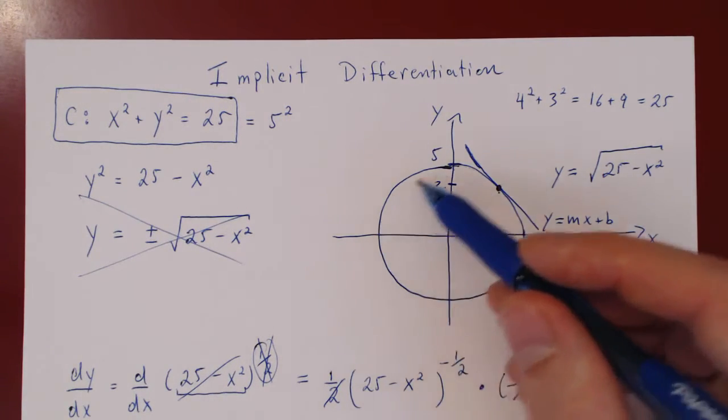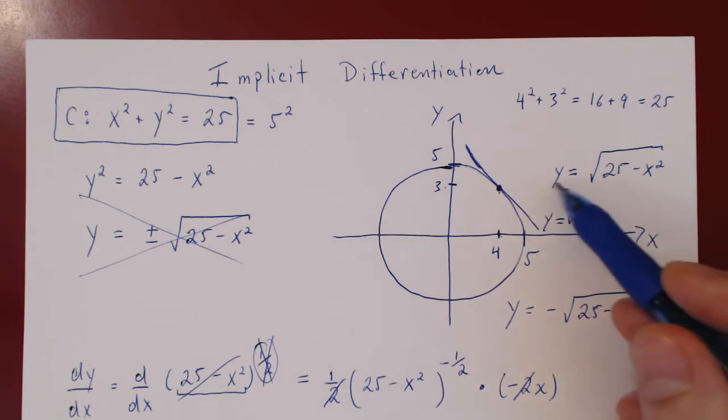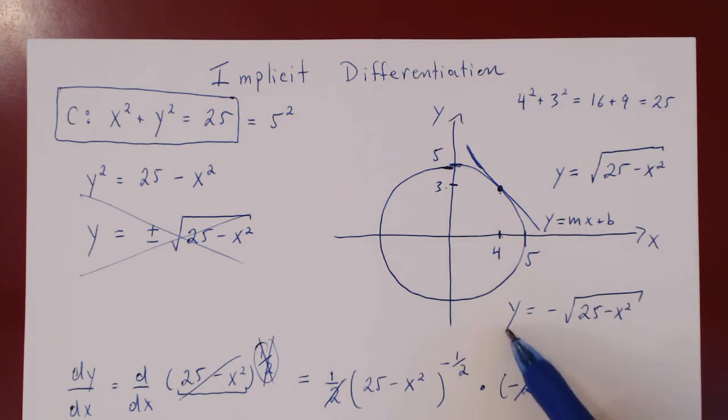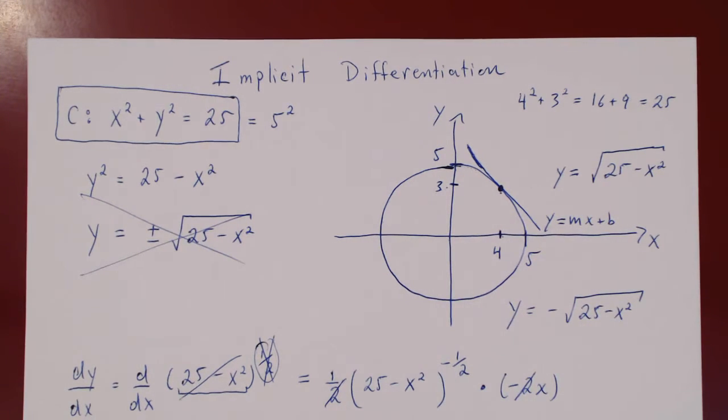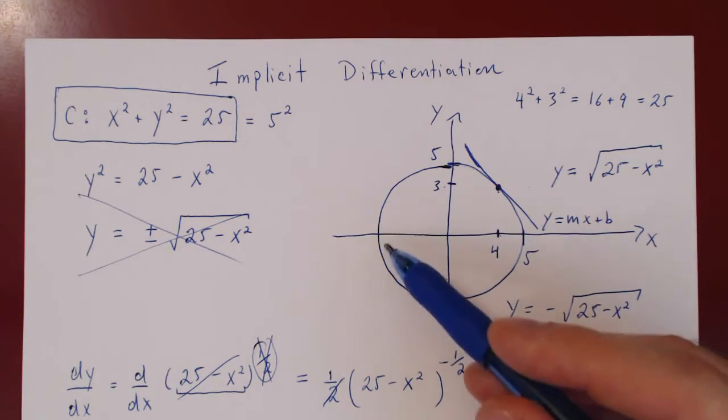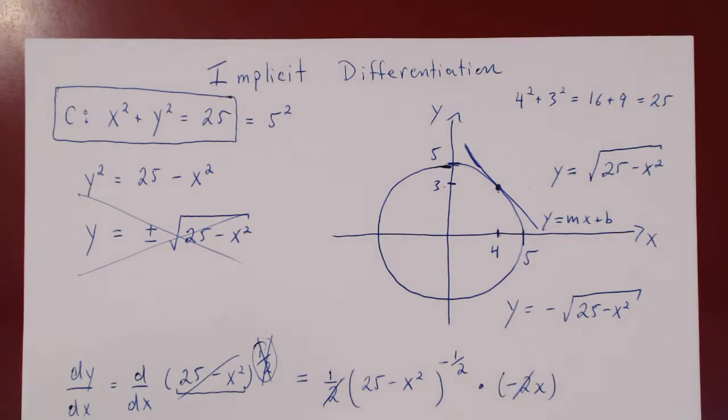So you see, if you look at this part of the curve, y is this function of x. If you look at another part of the curve, y is this other function of x. And this is true of all curves. You see, this curve is made up of two functions, the upper semicircle and the lower semicircle. A curve may be built up from 20 different functions, but wherever you look, y will be a function of x.